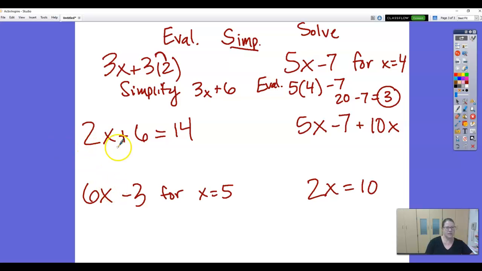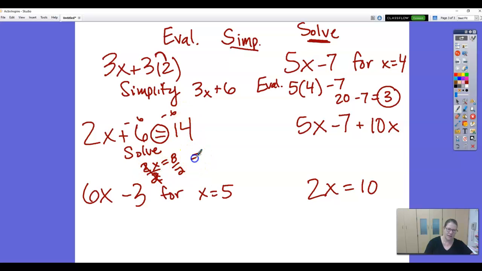Okay. This third one, 2x plus 6 equals 14. That equals 14 right there tells me I can solve this. This is a solving equation. So 2x plus 6 equals 14. I can go ahead and solve that, right? I can subtract 6 from both sides and get 2x equals 8. And then I can divide both sides by, oops, not by x, by 2.